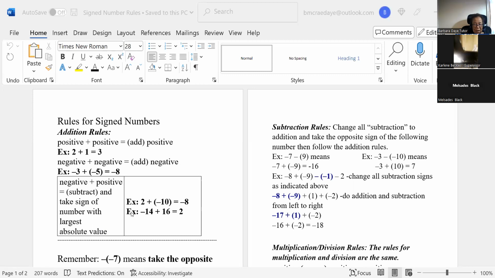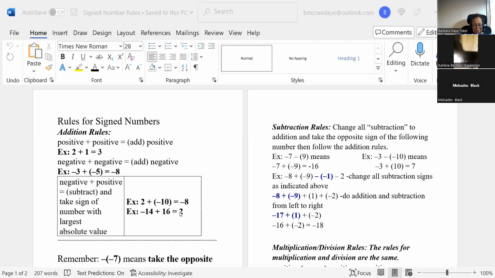Okay, now explain to me this example, 14 minus 4 plus 16 equals 2. Now how did we get the 2? Because we subtract 14 from 16 and we have 2 left.